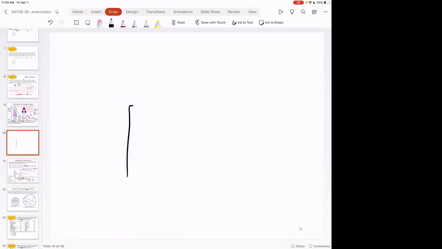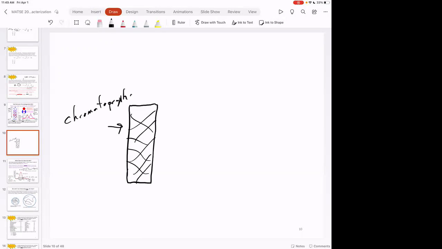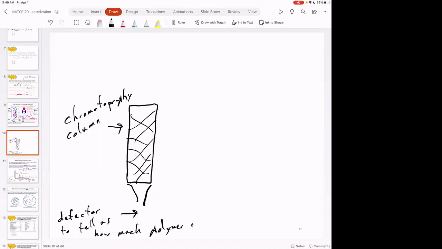Here's our column. And it's got holes in it. We have a detector to tell us how much polymer is in the solvent.